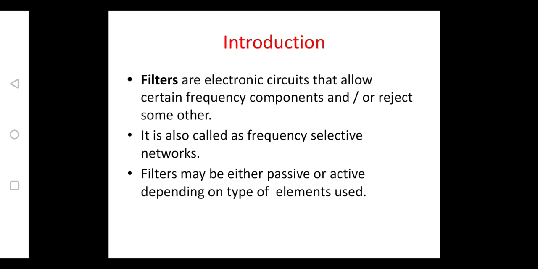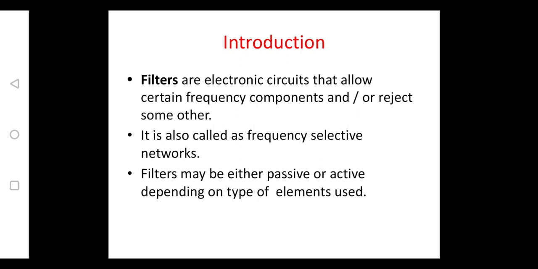The name itself indicates, a passive filter consists of passive elements like R, L and C. Whereas in case of an active filter, along with the passive elements, we'll be having an op-amp.